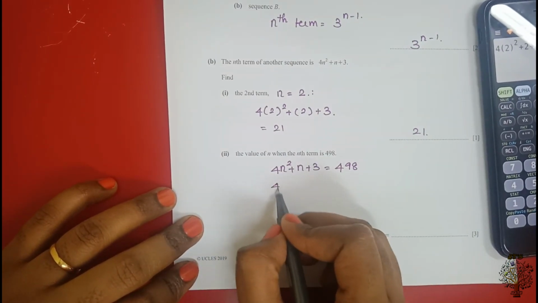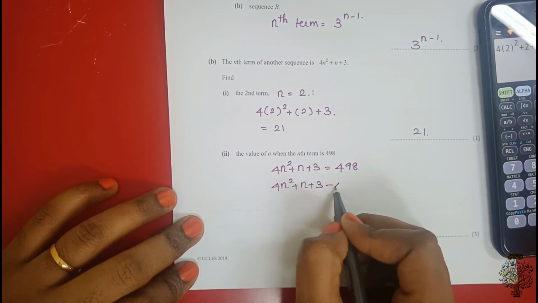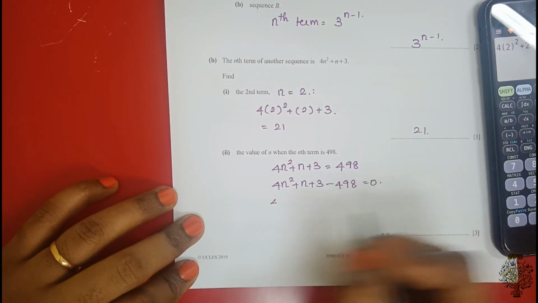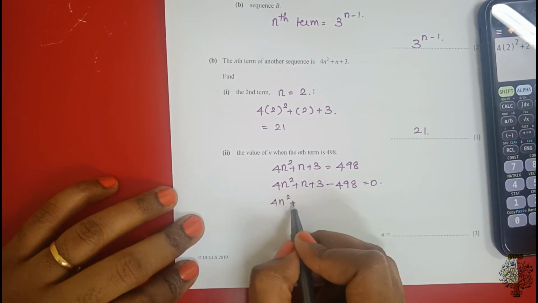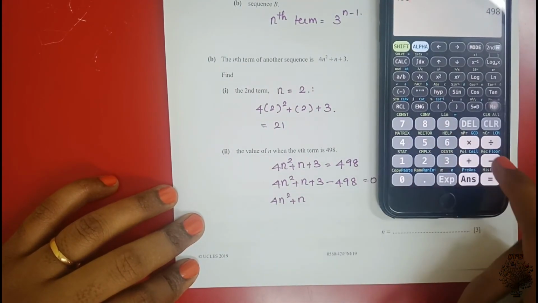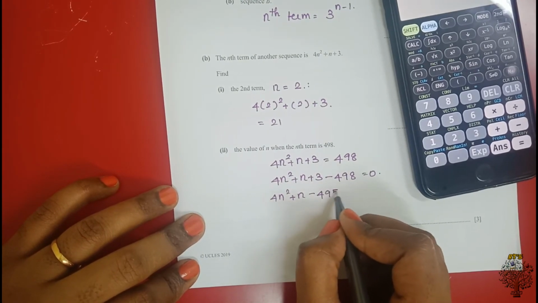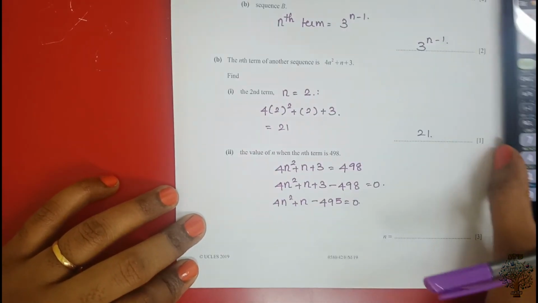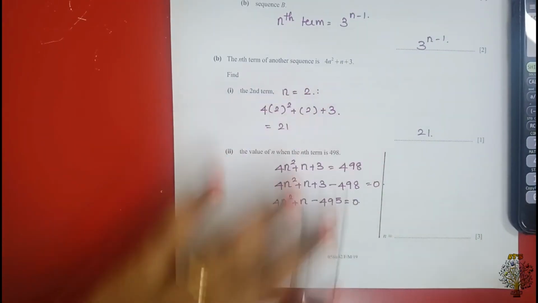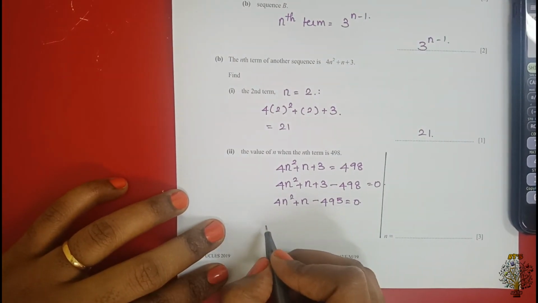Bring 498 to the other side. 4n square plus n plus 3 minus 498 is equal to 0. 4n square plus n, 3 minus 498 gives us minus 495, equal to 0. Now we can use the quadratic equation formula to get the answer.